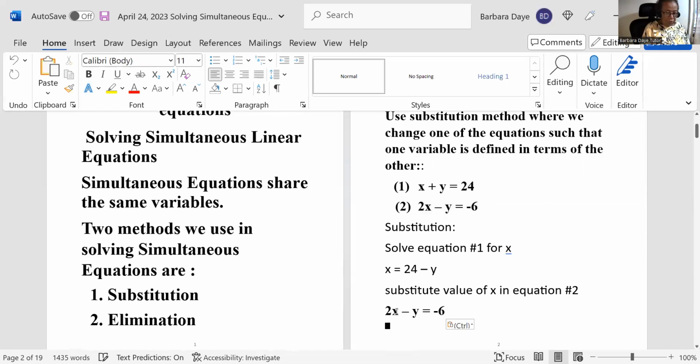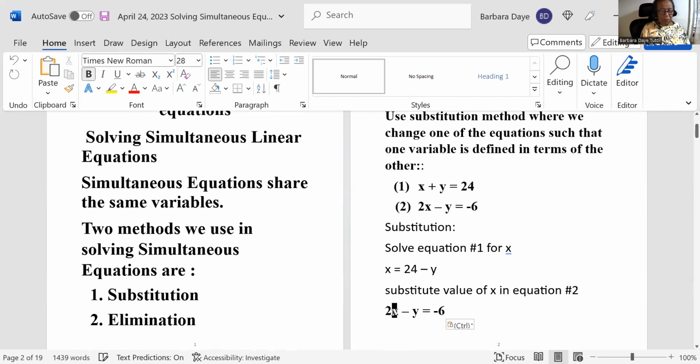Okay, Audrey, what should I put here for x? Here's x right there, right? 24 minus y.